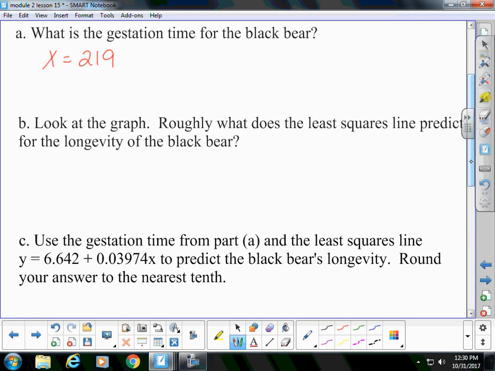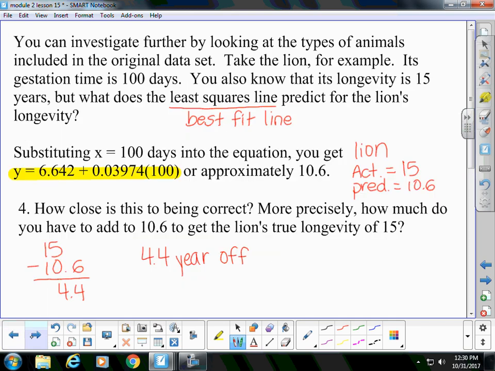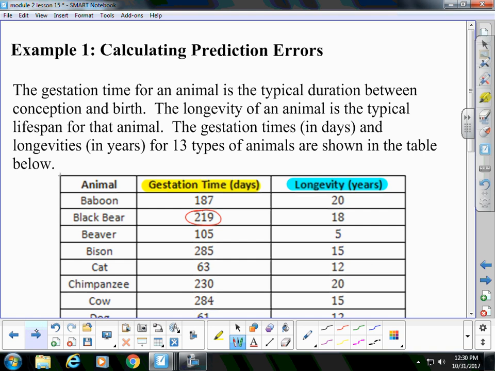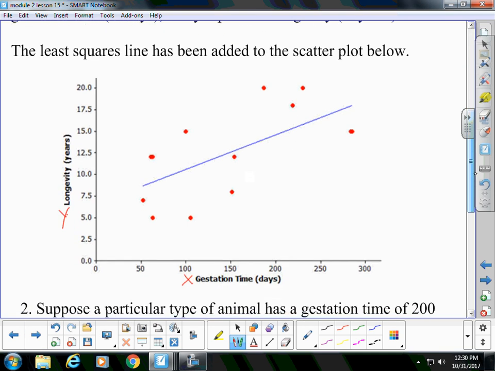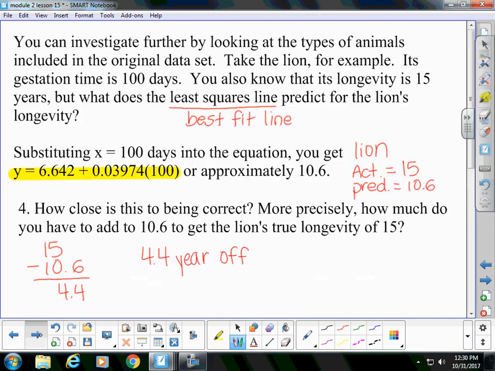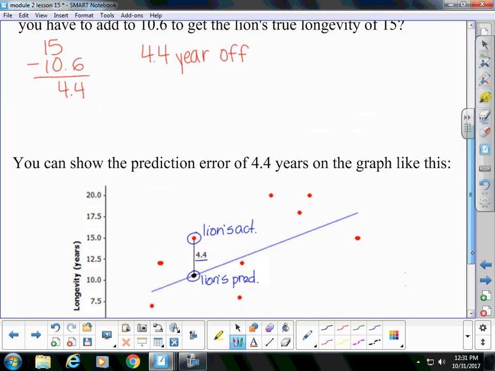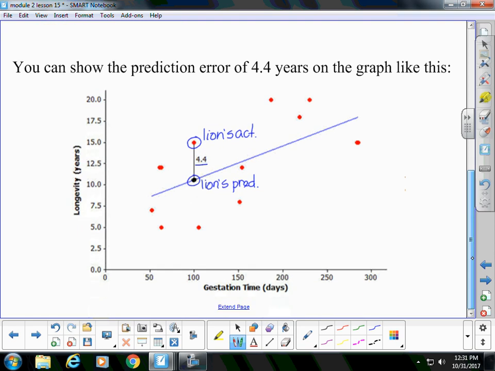So if I look at the graph, sorry, I'm back to new pages here. There we go. So the black bear was at 219. This would be 225, so 219 is going to be before that.